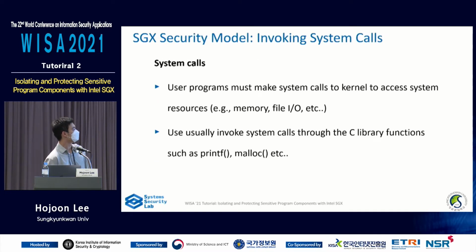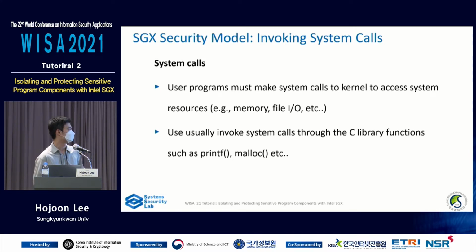All right, if you have taken operating systems, this is operating systems 101. For user programs to access any system resources, you have to make a system call, right? To access memory, files, everything, you have to do a system call. But you never actually invoke system calls directly as a programmer.